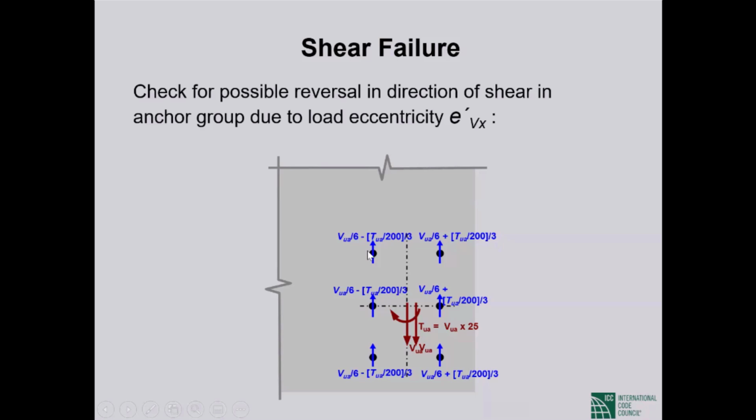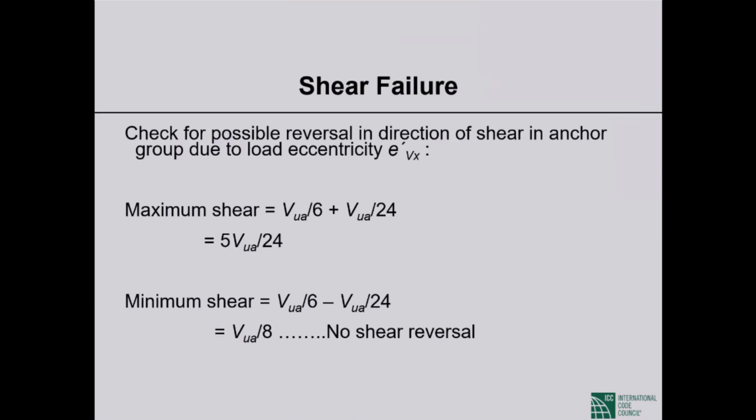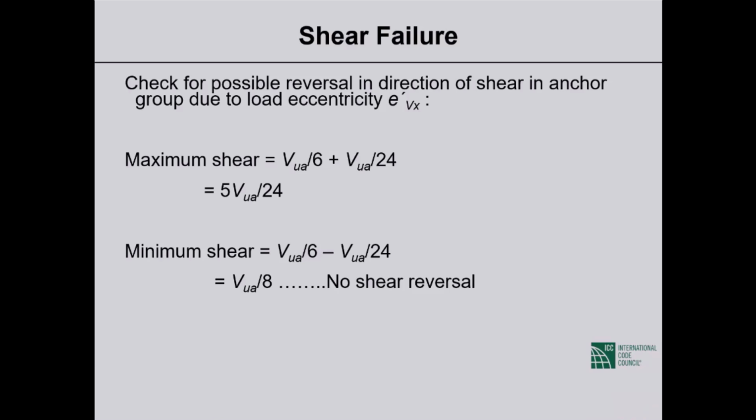It will take away from shear from the anchors to the left. Now this take away should not reverse the direction. So that's what we are checking. Maximum shear comes out to 5/24, minimum shear is 1/8. There is no shear reversal. Okay, so that is like checking for an anchor going into compression.